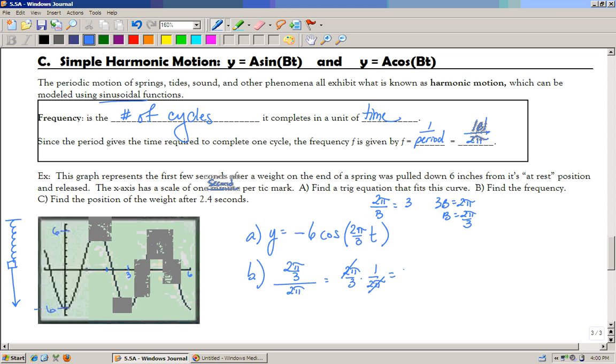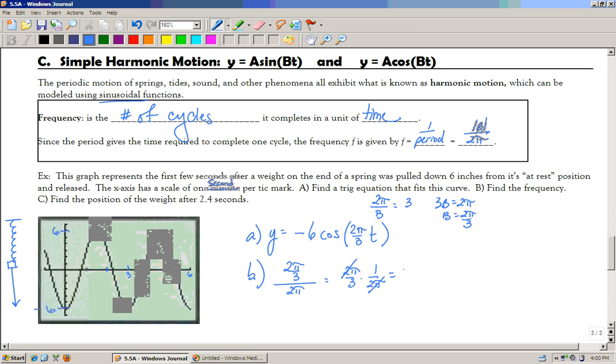For part C, we're supposed to find the position at 2.4 seconds, so we plug in negative 6 times cosine of 2 pi over 3 times 2.4 seconds.